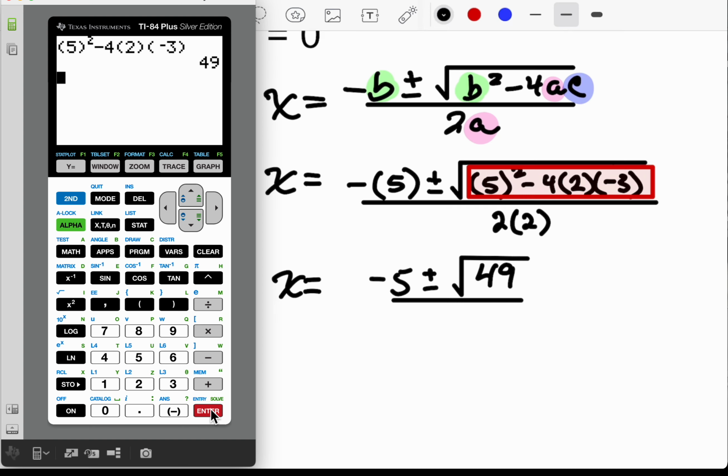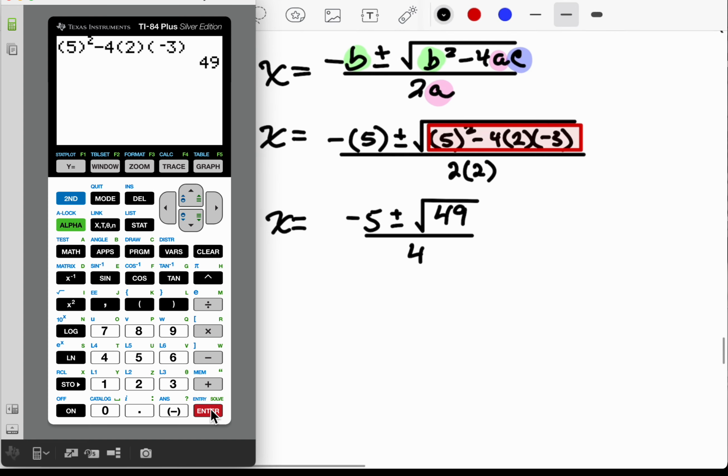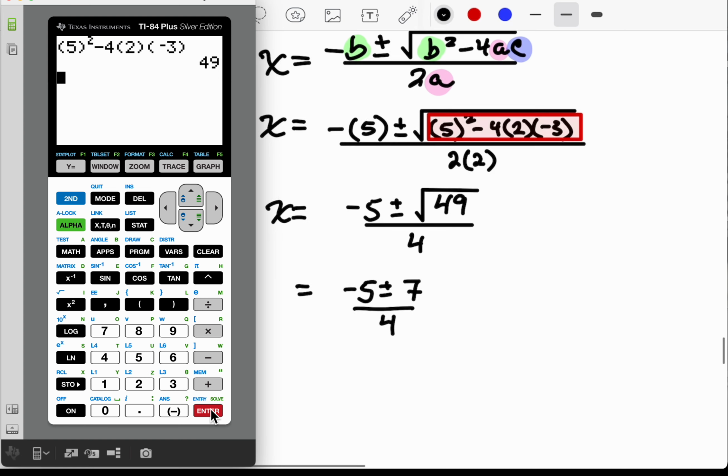Over 4, 2 times 2 is 4. So in this case, you could have put the radical in the calculator and it would have worked out, but don't want to take that chance. It's very rarely going to work out that way. So square root of 49 is 7. Now I have something that's rational that I could work with.